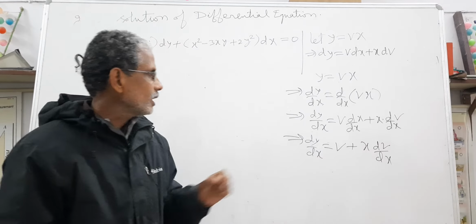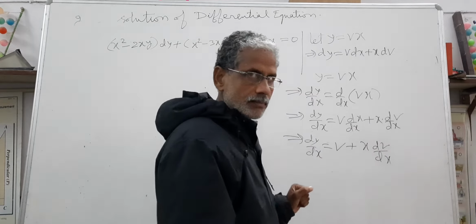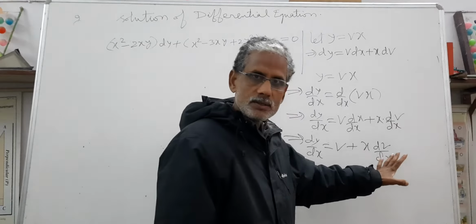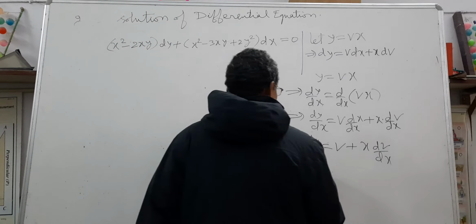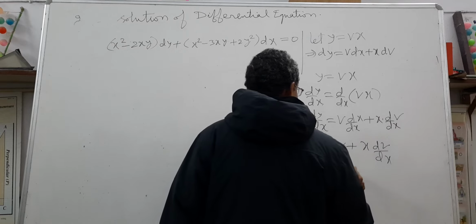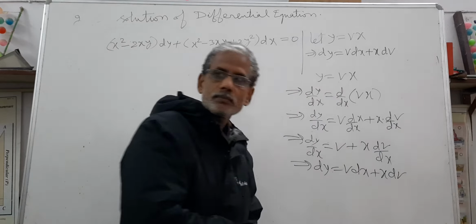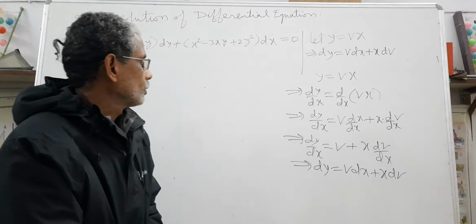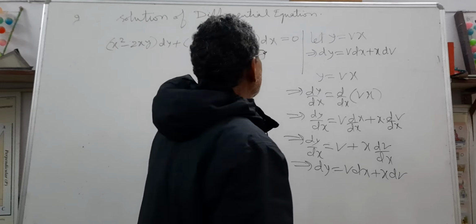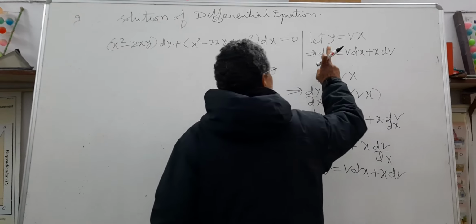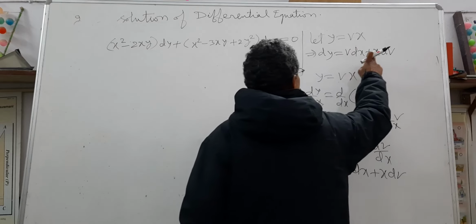Now multiply both sides by dx. dx cancelled, v dx cancelled. This becomes dy is equal to v dx plus x dv. Therefore, remember only this. If y is equal to vx, then dy is equal to v dx plus x dv.